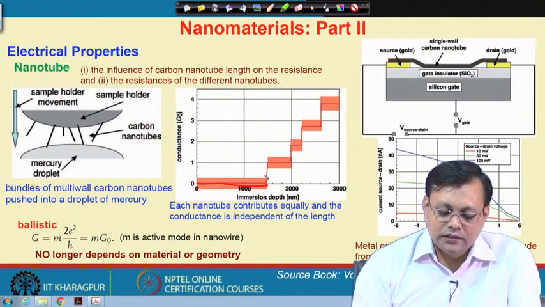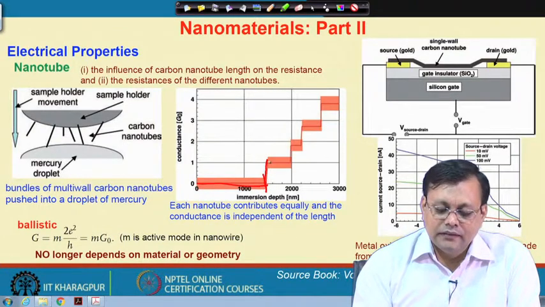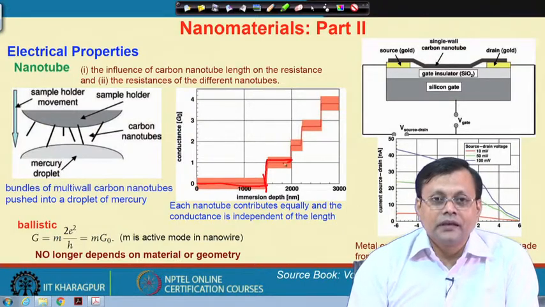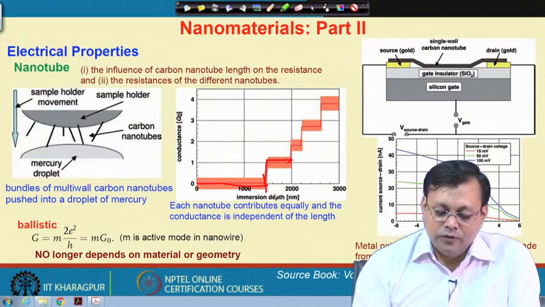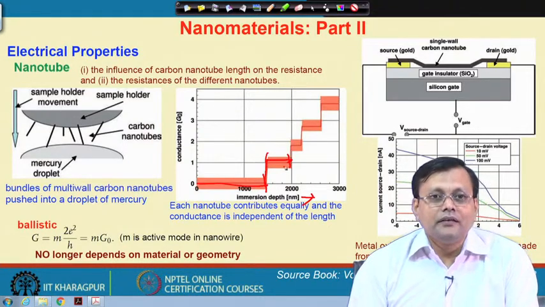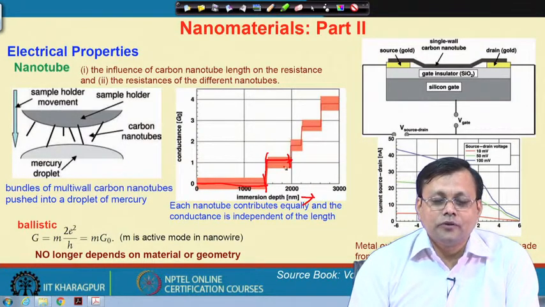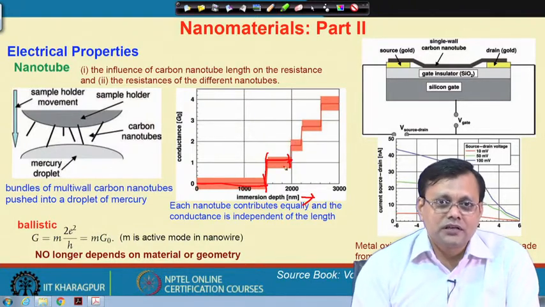There is 0 conductance up to a certain limit, and then there is a jump, meaning basically that one nanotube has touched the mercury, and continuously when the immersion depth is increased, the length of the wire is decreasing actually.